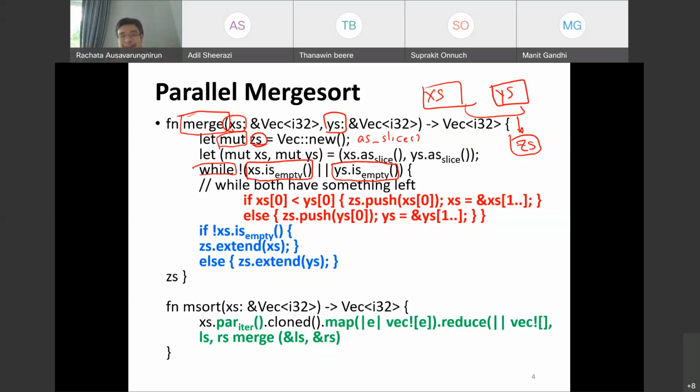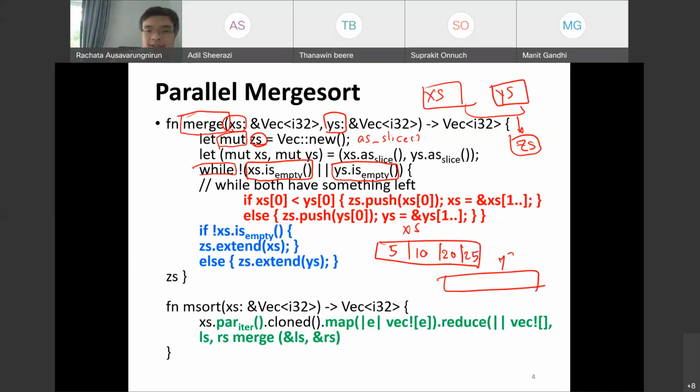So how do you merge? Let's say xs is 5, 10, 20, 25, and over here ys is 4, 12, 18, 19, and 21. Merge sort guarantees that each of these subarrays are going to be sorted.